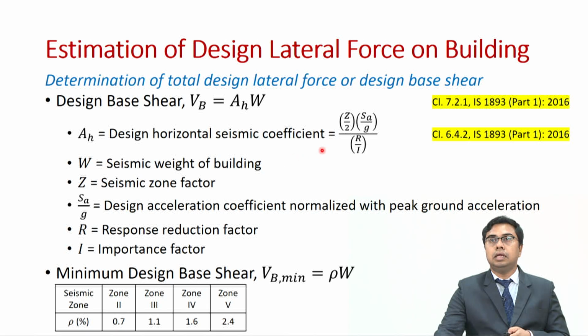Now, let us understand various terms involved in AH. We have Z, which is seismic zone factor, which depends upon the location of the site. We have SA by G, which is design acceleration coefficient normalized with peak ground acceleration. We also have R as response reduction factor, and I, which is importance factor.